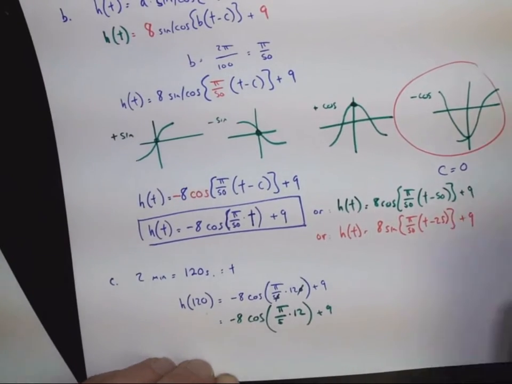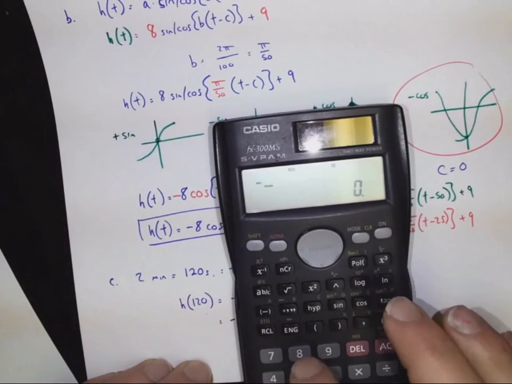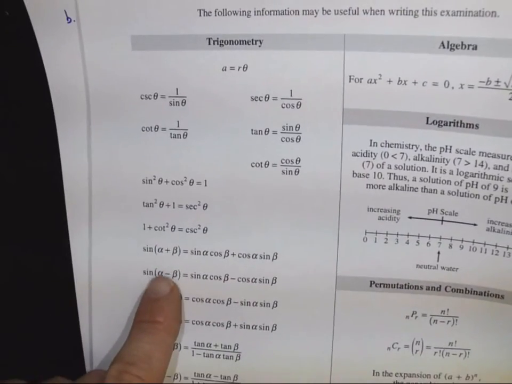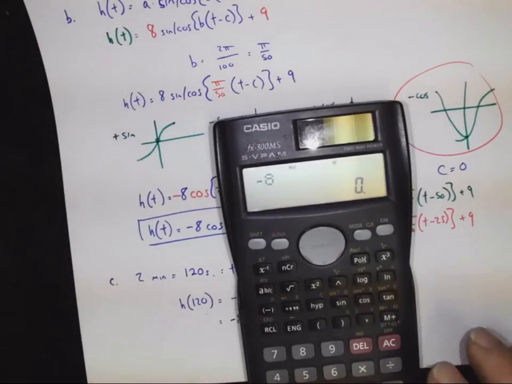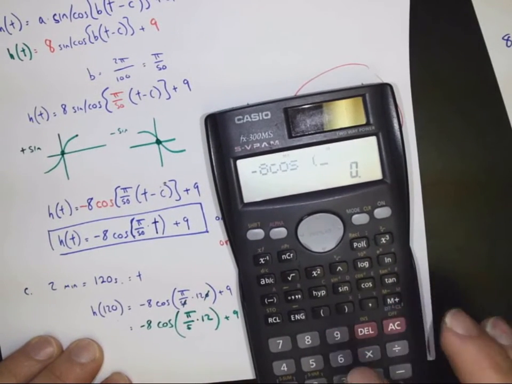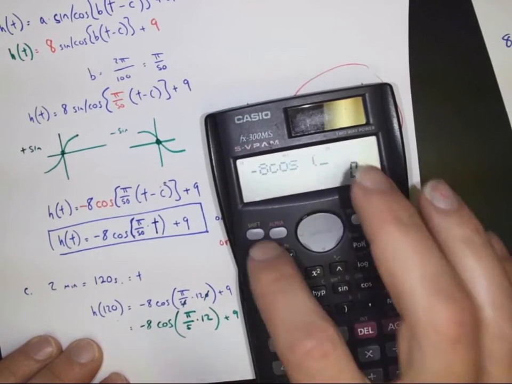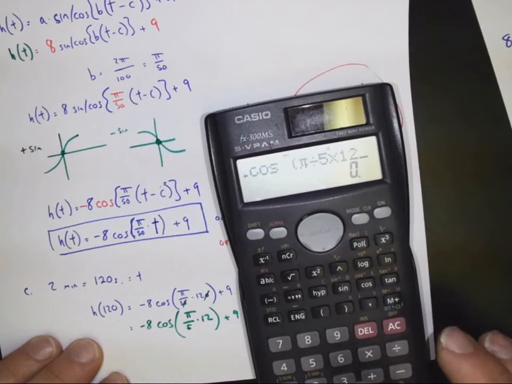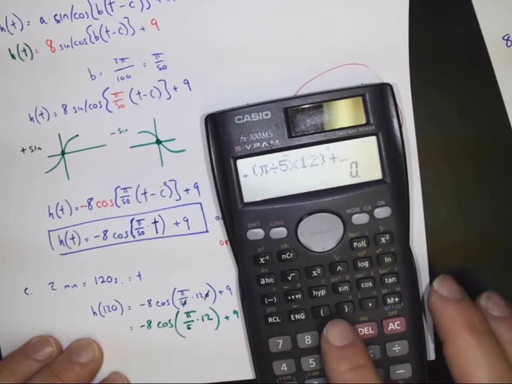So we're going to use a calculator. Might as well. I think you actually could use an addition or a subtraction identity to do this, but I'm going to just use a calculator. Pi by 5 times 12 plus 9.